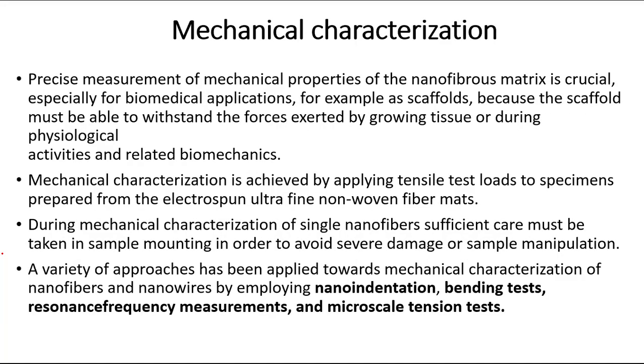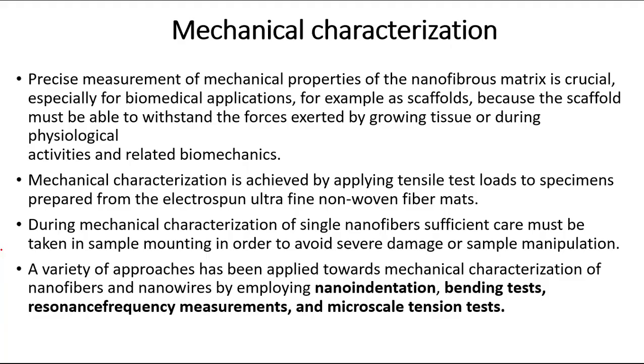So the mechanical characteristics are the surface tension, the impact resistance, the tensile strength. So see, being a nanofiber, you cannot handle it. You cannot see it with your naked eye. So therefore it needs to be done through specific devices like nano indentation, bending test, resonance frequency measurement, and microscale tension test.